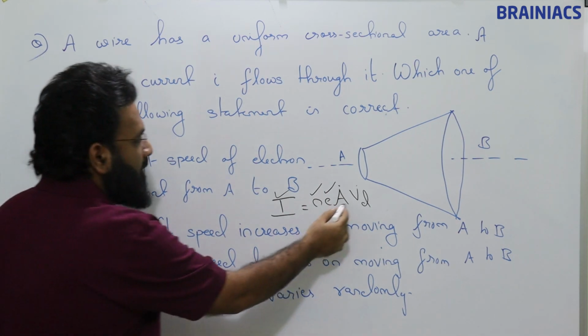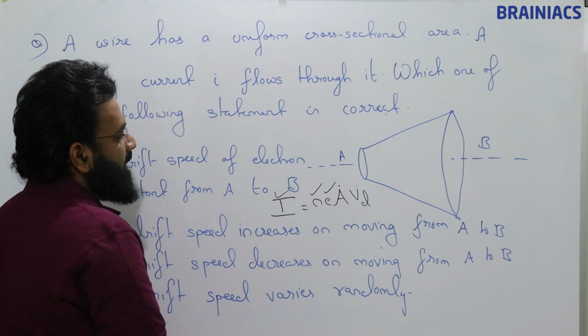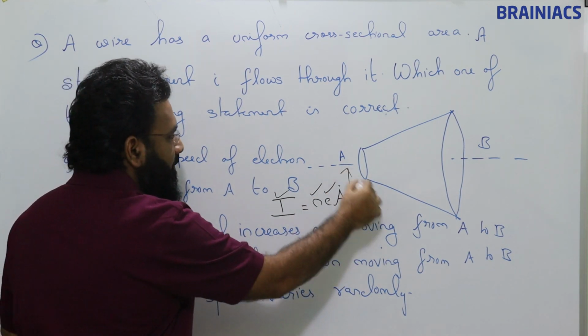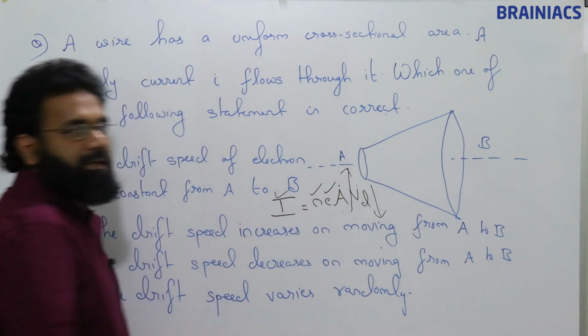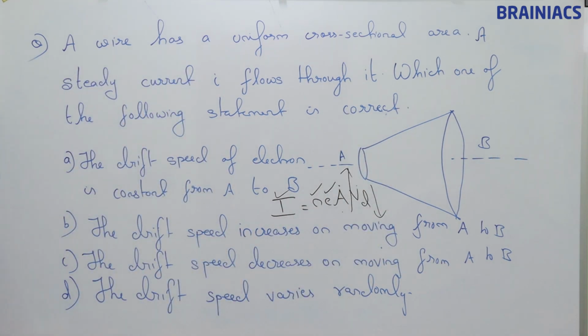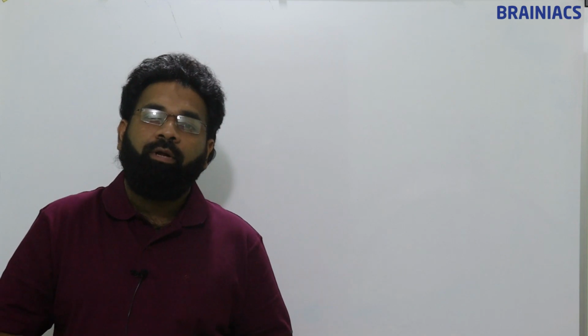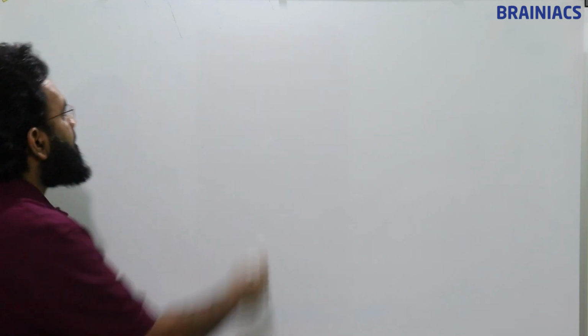So if the area changes, what will happen? When area increases, drift velocity should decrease because they are inversely proportional. So which answer should be correct here? Option C.